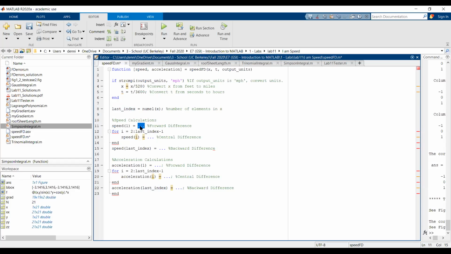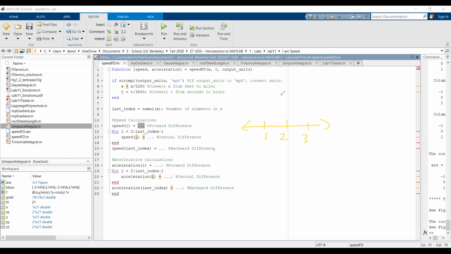Okay, forward difference. Now, what is this? We have a number line, 1, 2, 3. Apologize for using yellow. Now we have x2 at time 2, x1 at time 1. Now we want the speed at 1. We can approximate that. If you think about it, dx over dt, aka the speed, is a slope. We'll approximate it as x2 minus x1 over time 2 minus time 1.